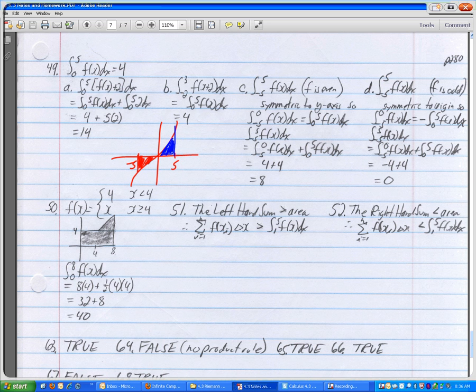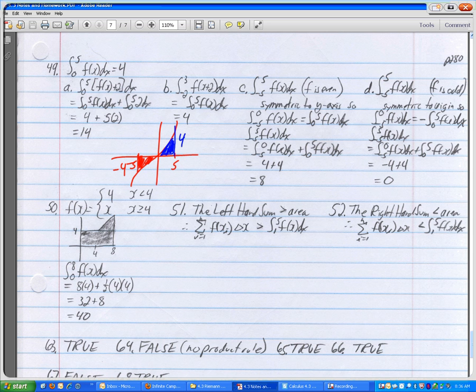That doesn't mean the area is 0. The actual area would be 8 again, wouldn't it? Because we're given that the blue area is 4, so the red area would have a signed area of -4. And we just have to remember, okay, that's the signed area. It's all below. If I really want to know how much area it is, it's 4. So we're not saying that that region just doesn't exist.